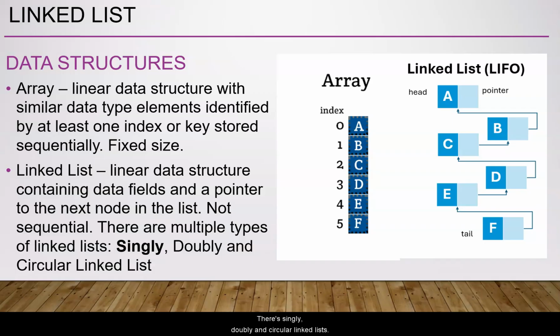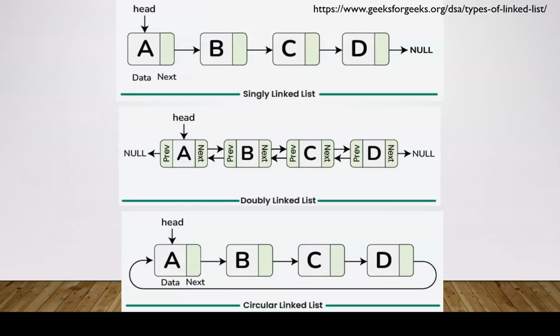So there are multiple types of linked lists. There's singly, doubly, and circular linked lists. These are images that I got from the GeeksforGeeks website, and they go through the three different types of linked lists. So in a linked list, you have a section where you have data that you're going to be storing.